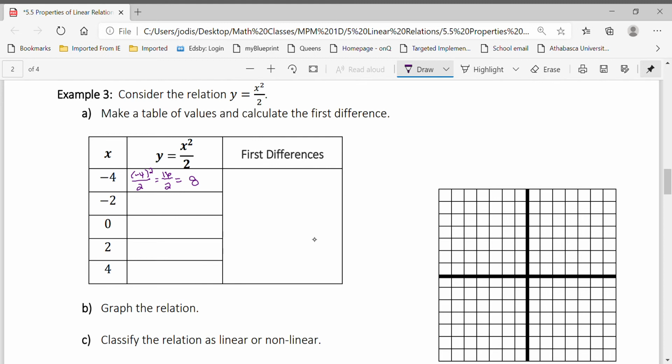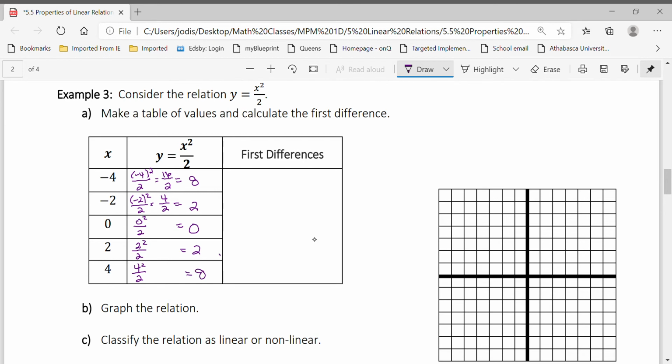We can do the same thing for the next one, negative 2 squared over 2. So negative 2 squared is 4 over 2, which is 2. 0 squared over 2 is 0. 2 squared over 2 is 2. And then 4 squared over 2 is 8.